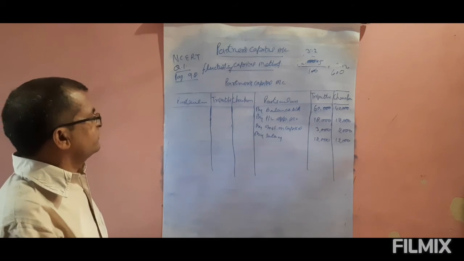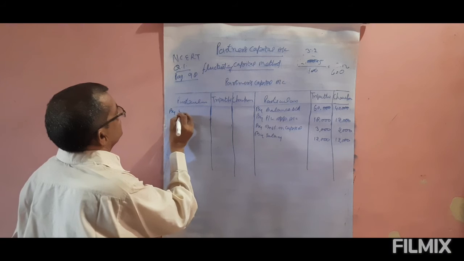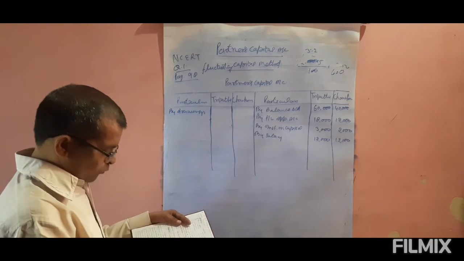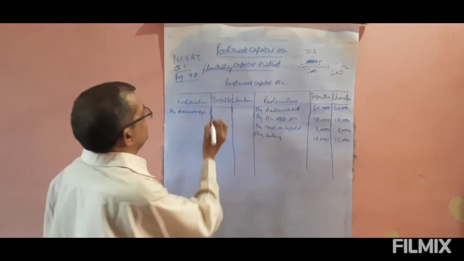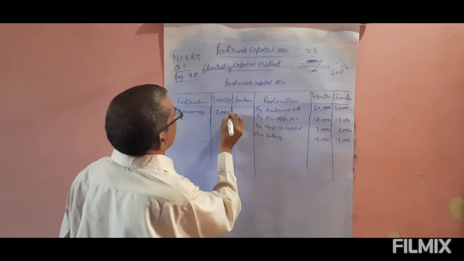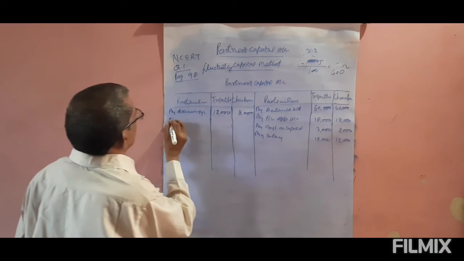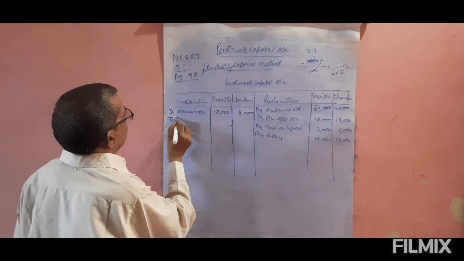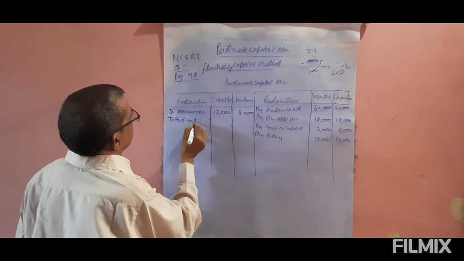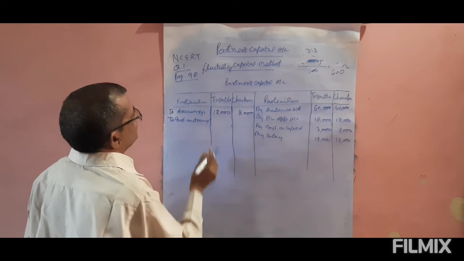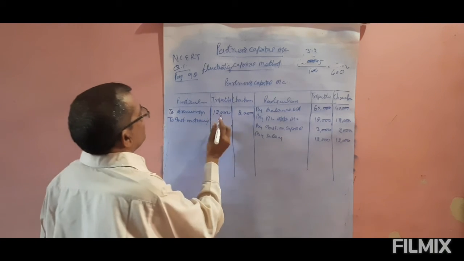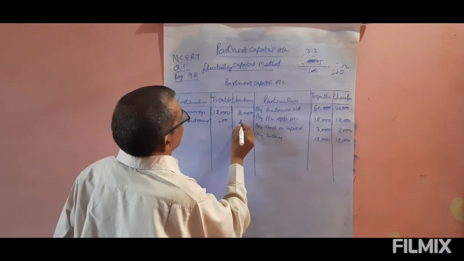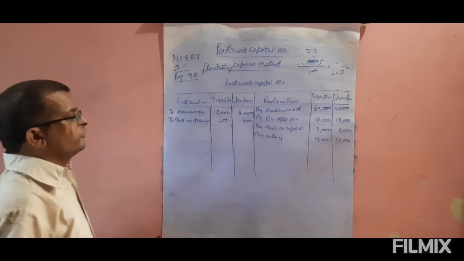Then to drawings: how much? 12,000 and 8,000. Here is 12,000 drawings and 8,000 drawings. Then to interest on drawings at 5%: 600 and 400. Okay, now this is clear.